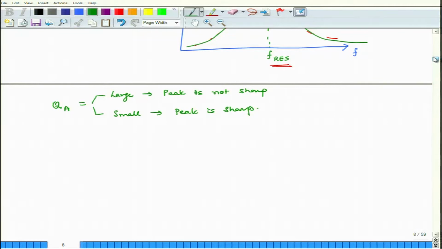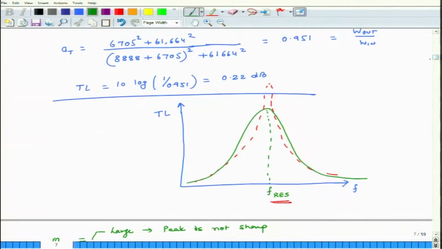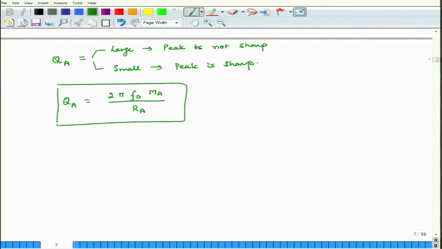So, we want that the quality factor should be large, and the relation for this quality factor is 2 pi f naught, where f naught is the resonance frequency, times acoustic mass divided by Ra, okay. So, this is one way to quantify how sharp this peak is in terms of quality factor. The other way to quantify how sharp this peak is is by a term known as half power bandwidth.